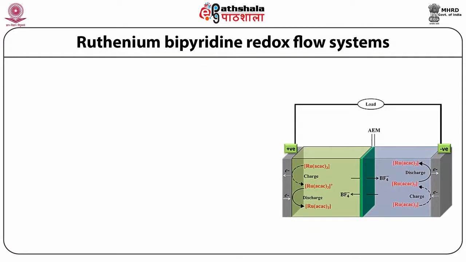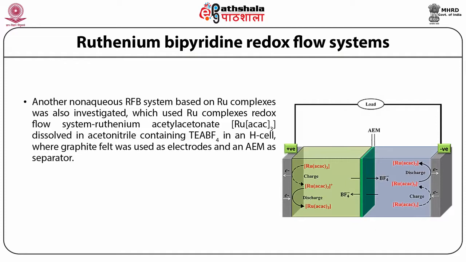Ruthenium acetylacetonate redox flow systems. Another non-aqueous RFB system based on Ru complexes was also investigated, which used ruthenium acetylacetonate, Ru(acac)3, dissolved in acetonitrile containing TEABF4 in an H cell where graphite felt was used as electrodes and an AEM as separator.